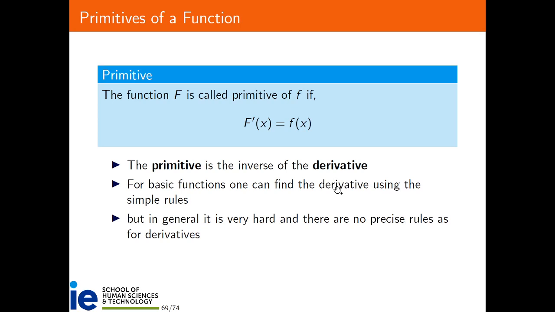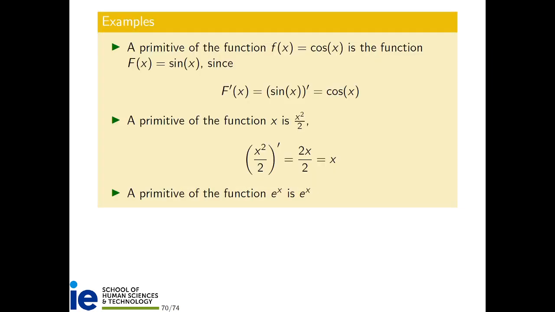So we can find primitives for some very simple functions, but in general, as I was saying, it is very hard to compute integrals or to find primitives, okay? So here I give you some examples that are in the slides, are in the lecture notes, and that I encourage you to look at.